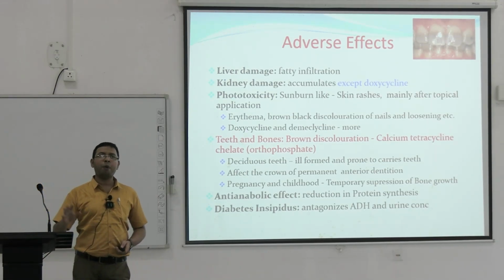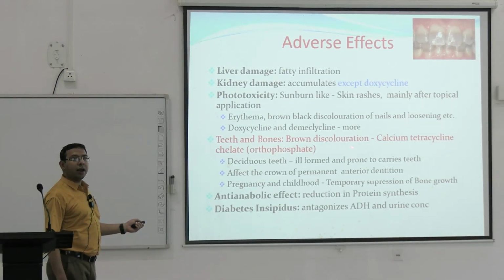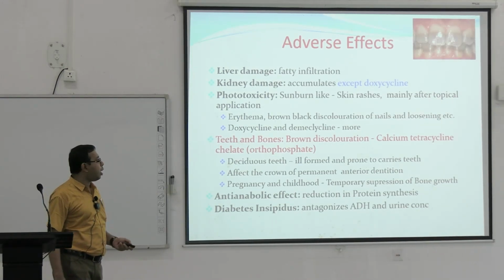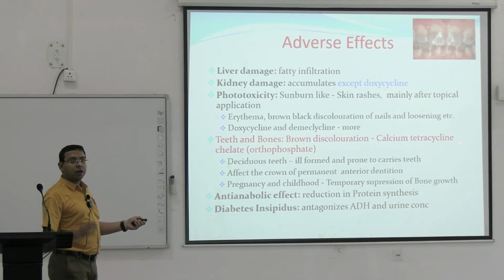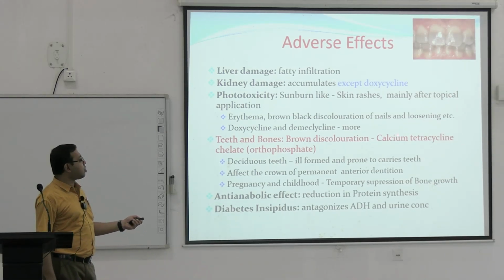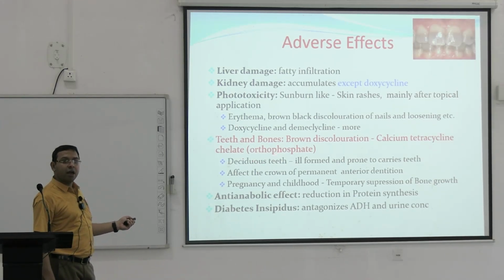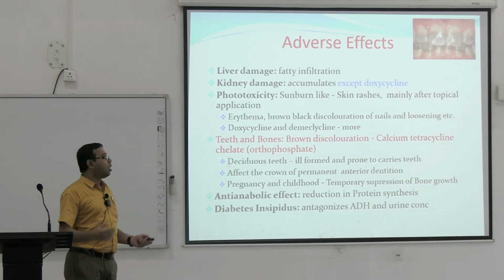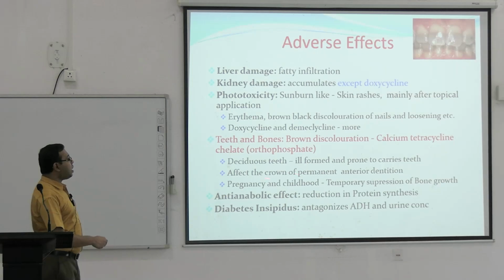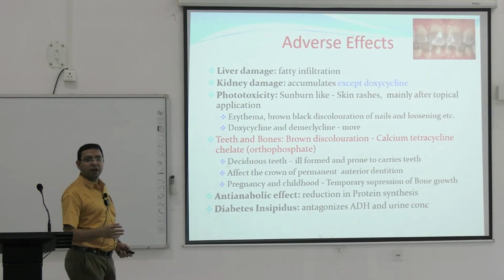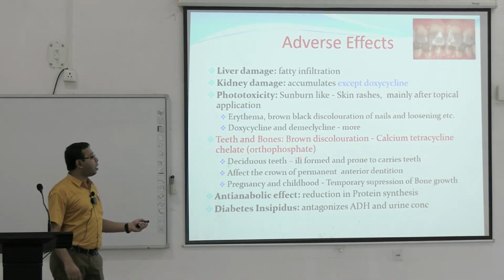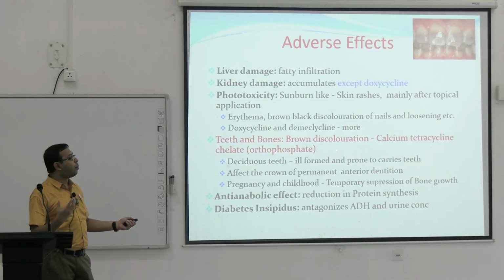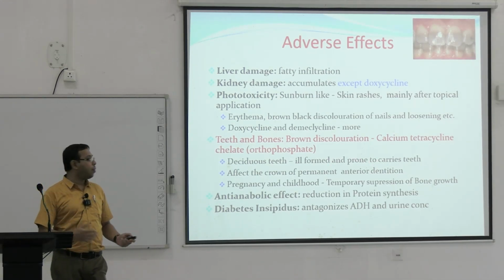Unlike any other group of antibiotics, brown discoloration of the teeth and bones can develop, because they form a chelate complex known as the calcium tetracycline chelate, and this chelate can be deposited in the bones and teeth, and ultimately these problems develop. In deciduous teeth there may be ill-formed teeth, ill-formed bones, and caries can develop.